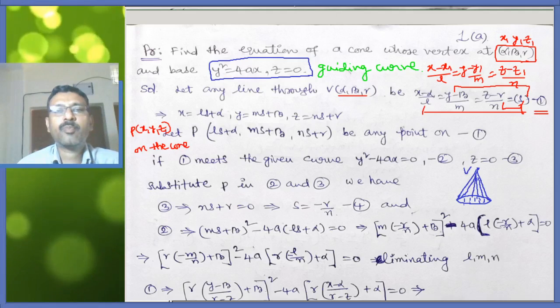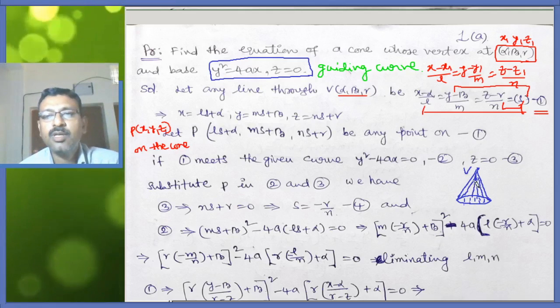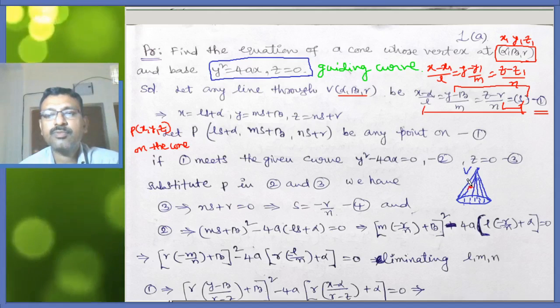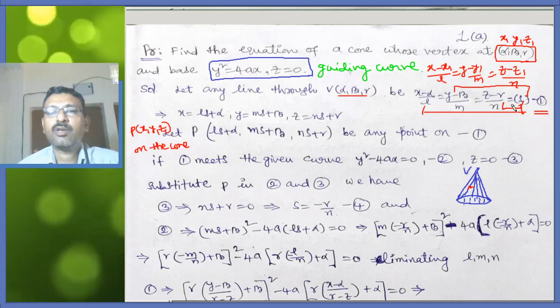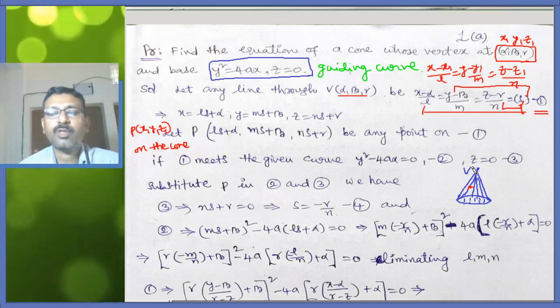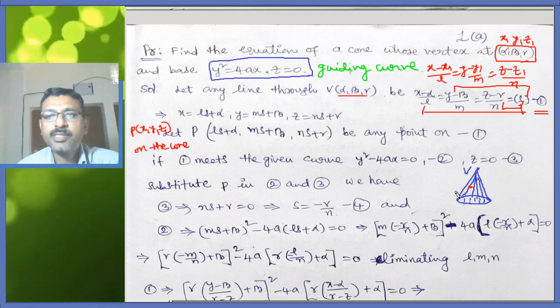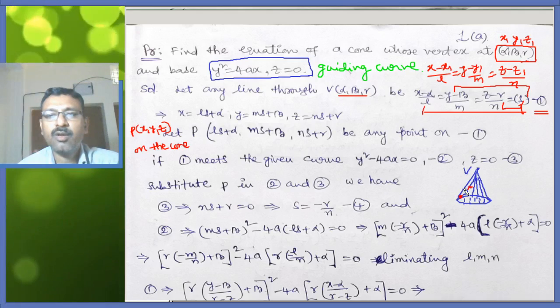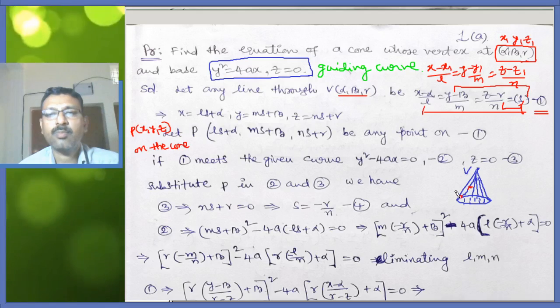If I take any point P(x, y, z), definitely it lies on some generator denoted by 1. The generator meets the base curve or guiding curve at some point.